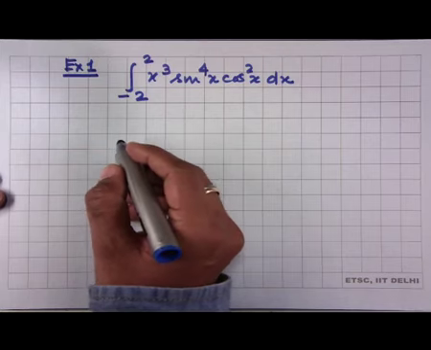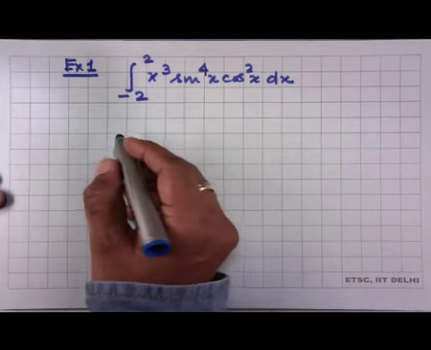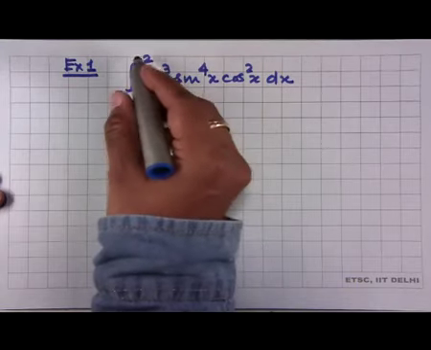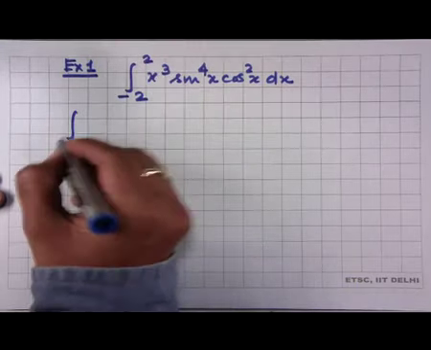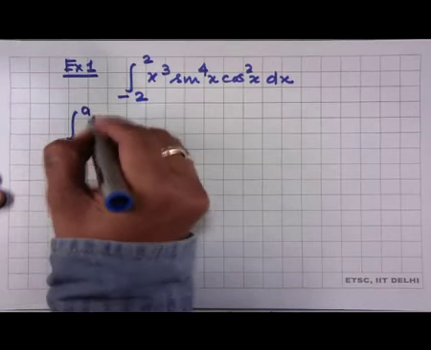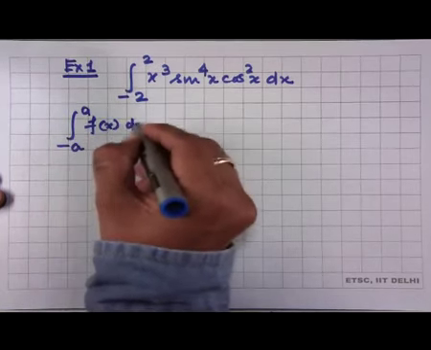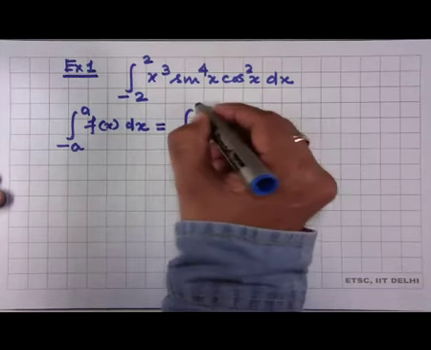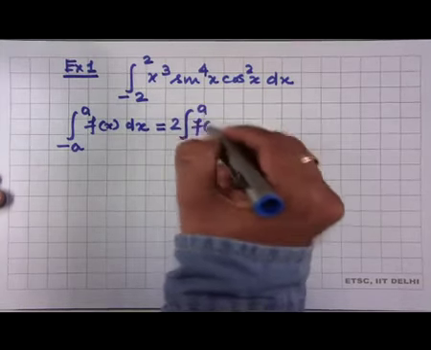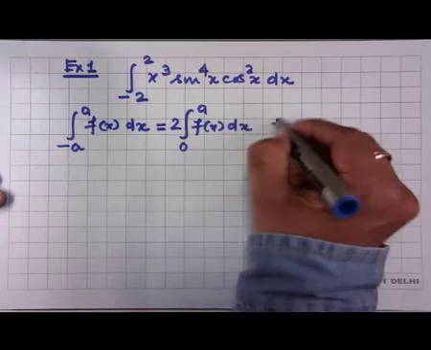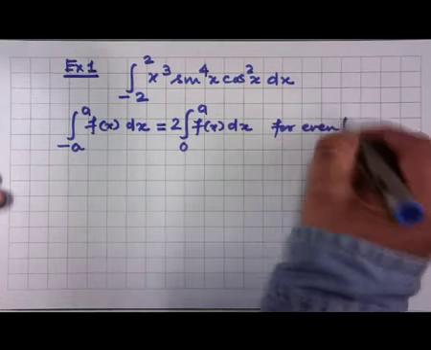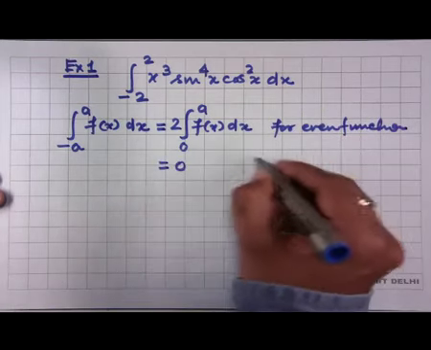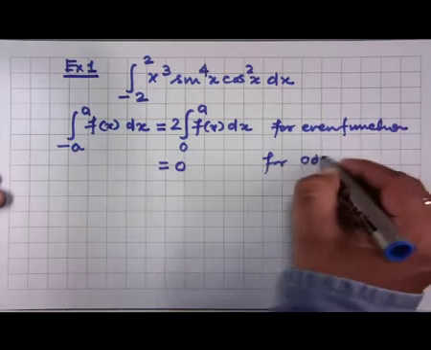So you may think in this way: since you have limits from -2 to 2, and you know that if the function is even, then this becomes twice of 0 to a f(x) dx, and this becomes 0 for an odd function.